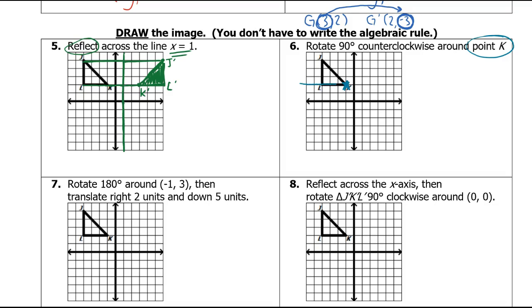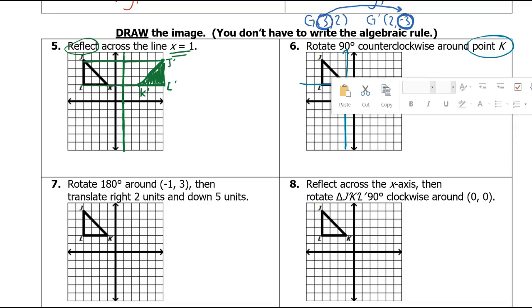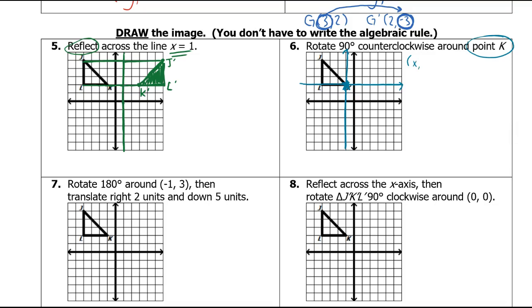So I'm going to put a star at point K, and if I want to try to use one of those memorized rules, then I'm going to create what I just call fake axes. The old x-axis and the old y-axis, they're not there anymore as far as I'm concerned. I have a new x-axis, a new y-axis, and then I just need to remember my counterclockwise rule. Those 90-degree rotations, as we saw in number 4, they always swap the x and the y.